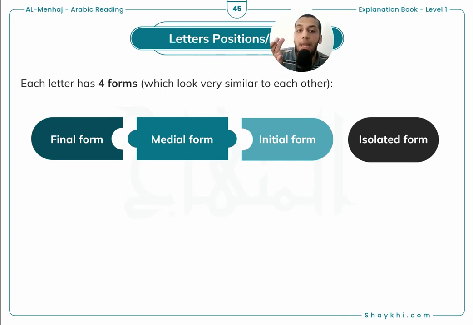So why do we have three forms: initial, middle and final? The answer is simple: the letter in the initial form has one shape, the letter in the middle form has another shape, and the final form has yet another shape. The shape of the letter changes depending on its position.